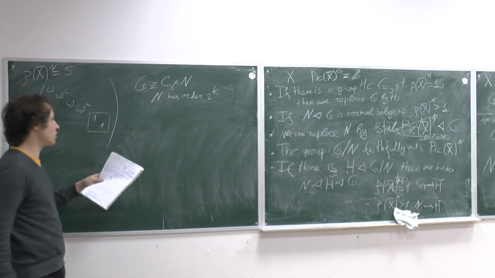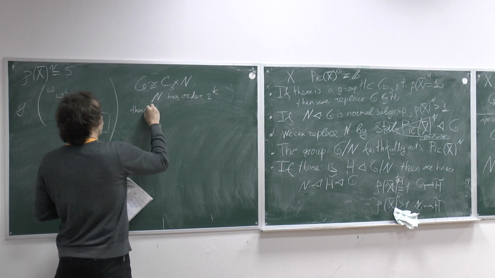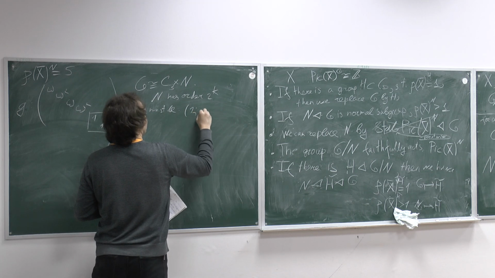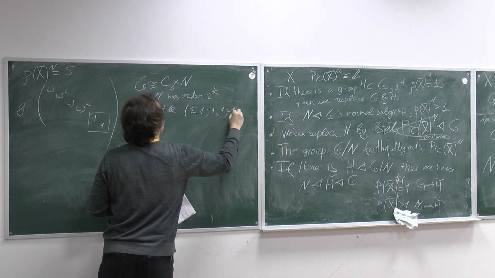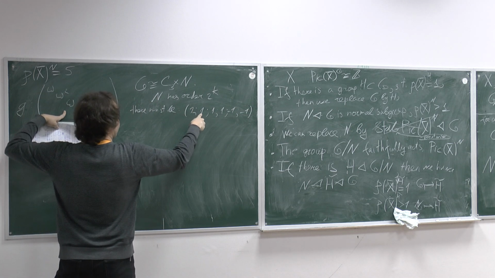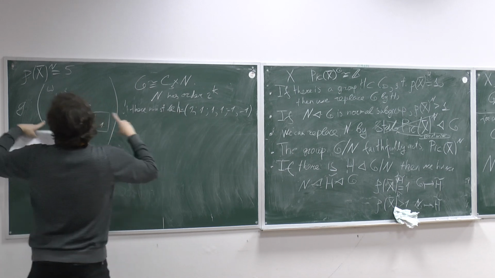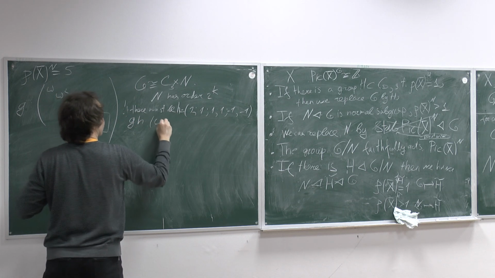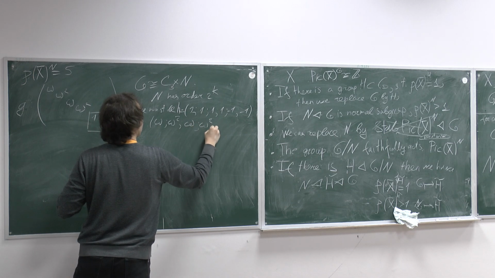It has a representation, and that means that there must be elements which act as multiplication by minus 1, here and here. Therefore, if we consider the product of these two elements, we have an element of the following form of order 6.